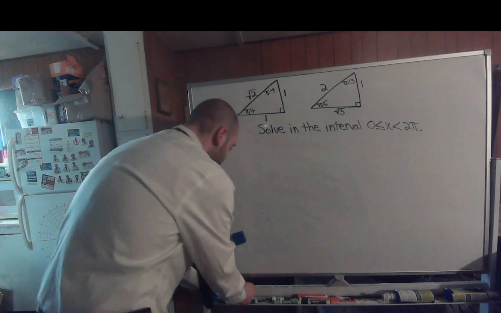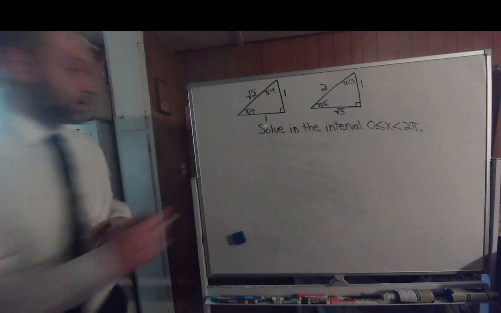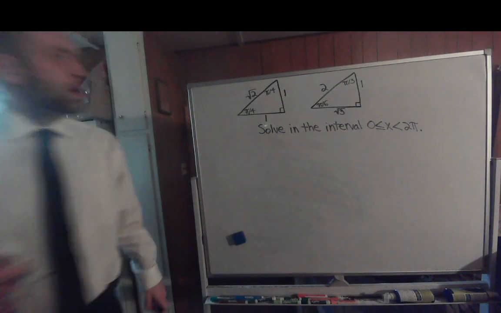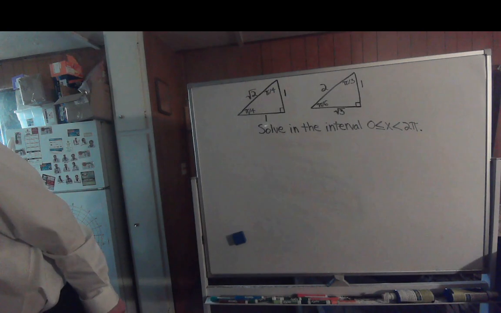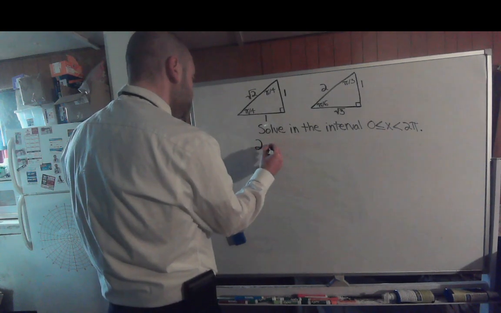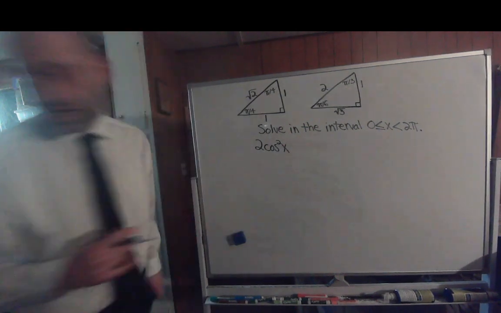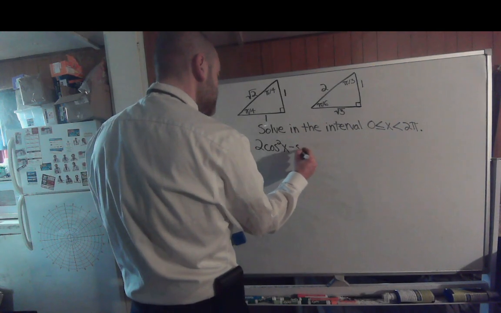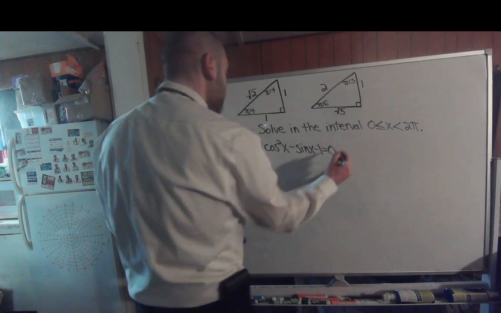All right, let's see here. Let's do 2 cosine squared of x minus the sine of x minus 1 equals 0.